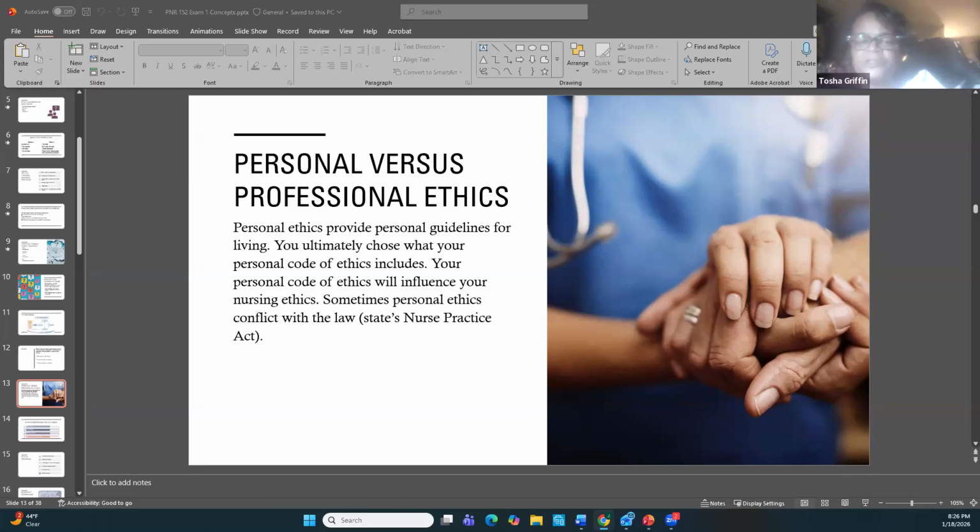You still have an obligation to treat him, because you have to treat everybody the same. You can't use your personal ethics, the way you feel. You have to go with what the Nurse Practice Act considers. You have to treat every patient as a whole, even though you have your own personal ethics, like he killed somebody, he should die.